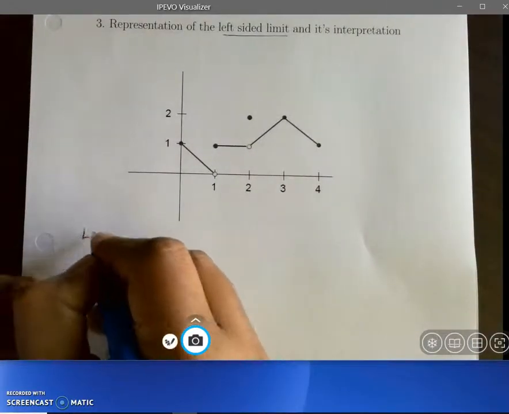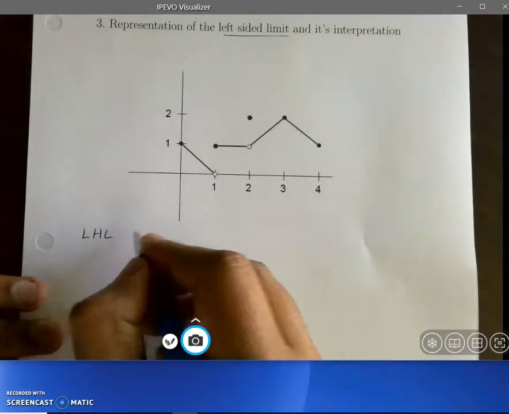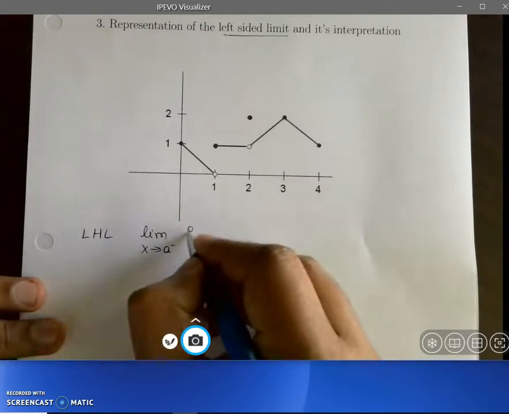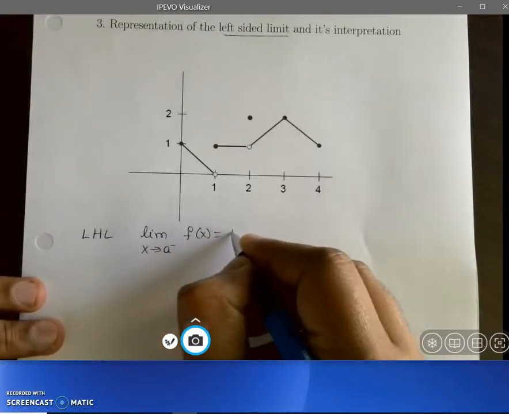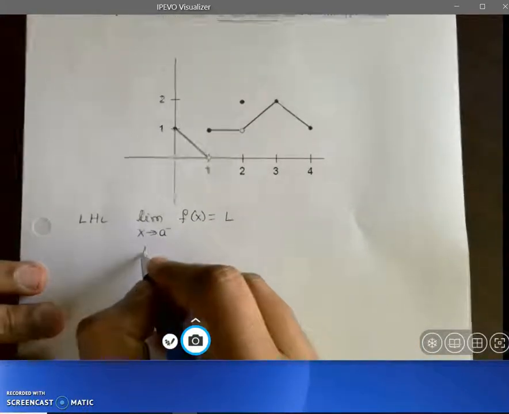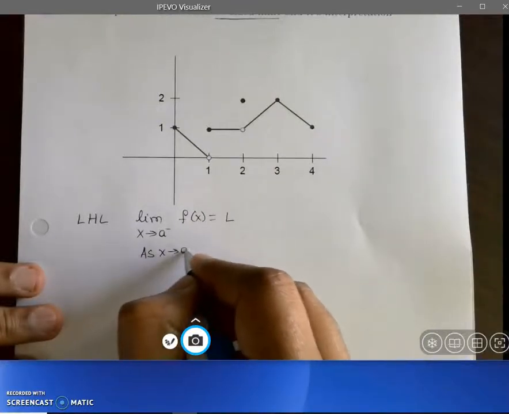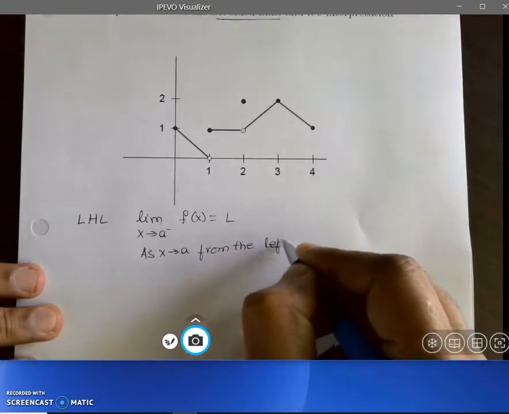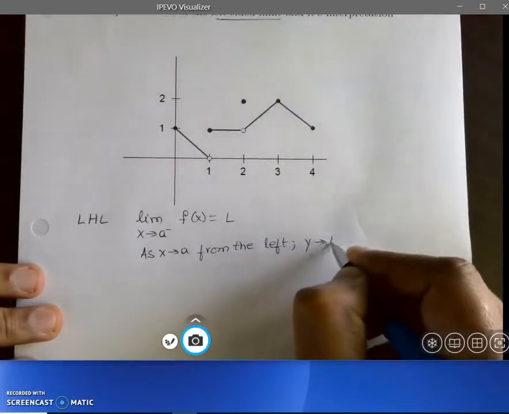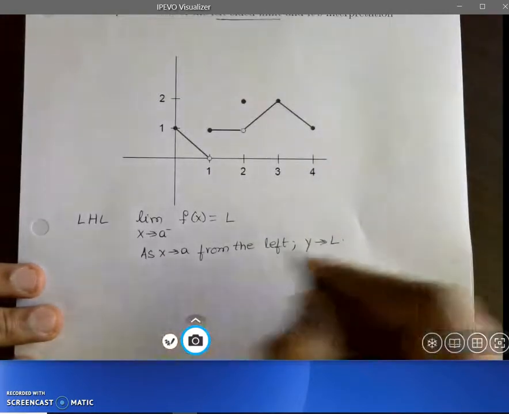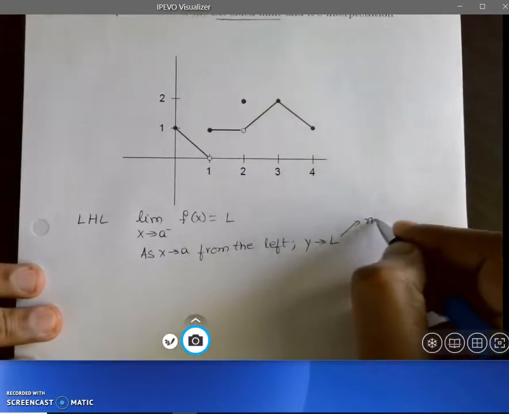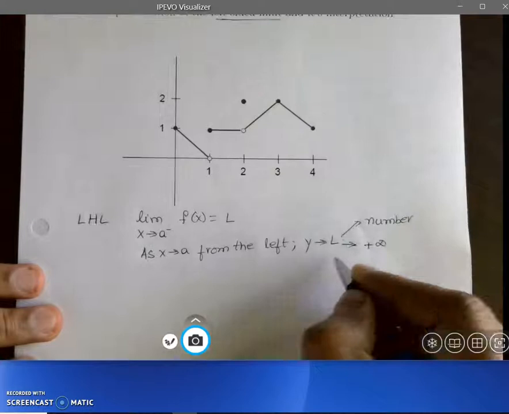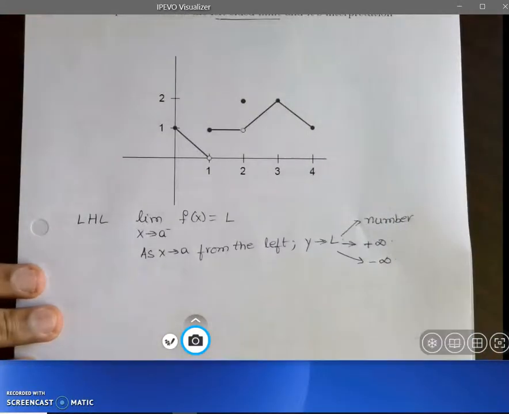The left-hand limit is denoted by limit x approaching a minus f of x equals L. This means as x approaches a from the left, y approaches L. Now L can be a number, it can be a positive infinity, it can be a negative infinity.